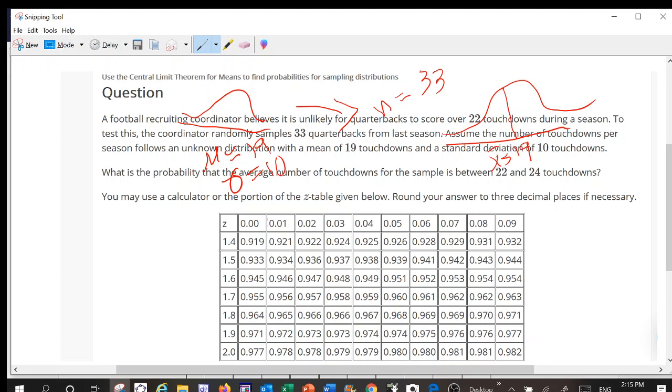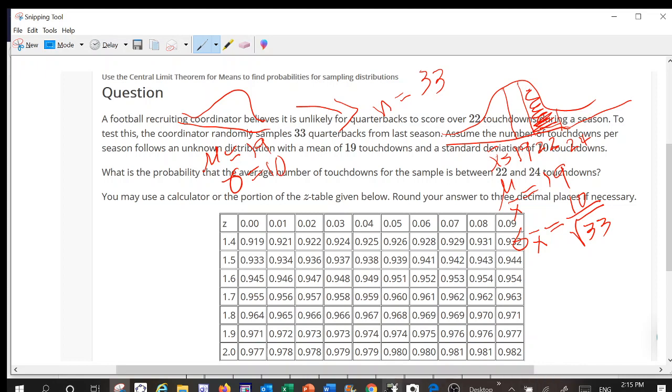The question is, what's the probability that the mean is between 22 and 24? We want to find this area under the distribution that has a mean of 19. What's the standard deviation? Well, it's 10 divided by square root of 33.